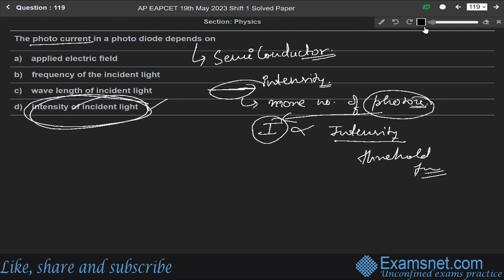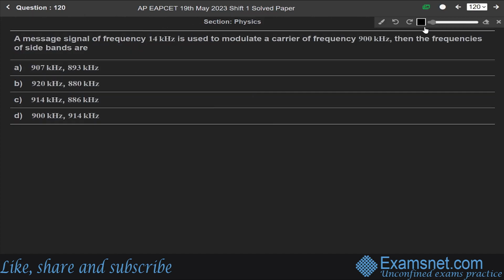Okay. Now next question 120. A message signal of frequency 14 kilohertz is used to modulate a carrier of frequency 900 kilohertz. Then the frequencies of the sidebands are. Okay. This question is from the chapter of communication system.